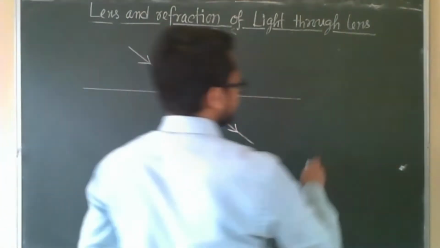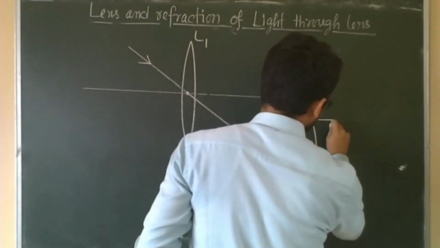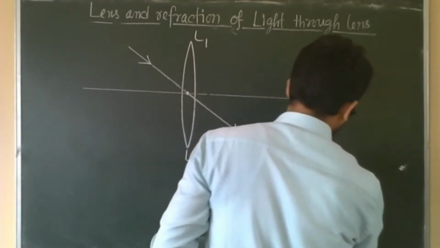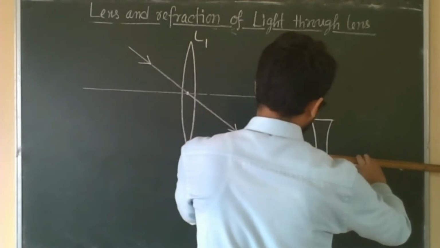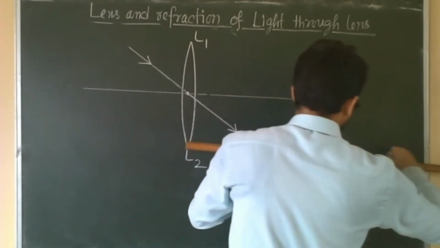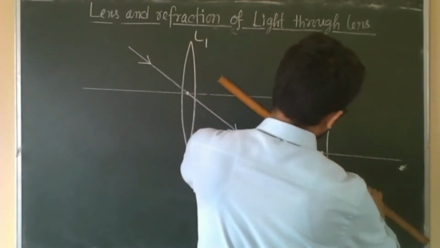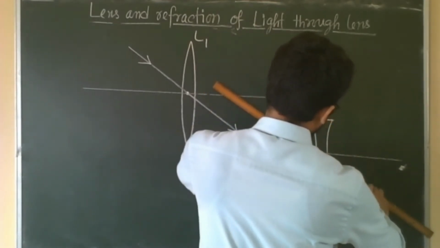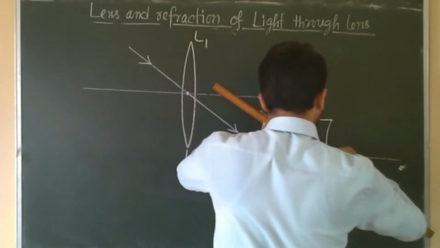Okay, for the case of a concave lens, a thin concave lens, this is the principal axis. The same thing will happen, no deviation.